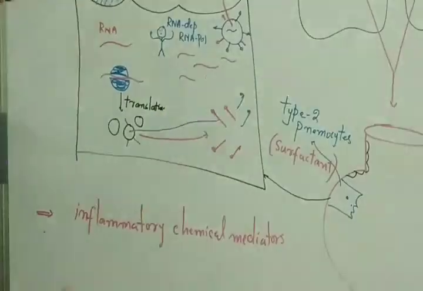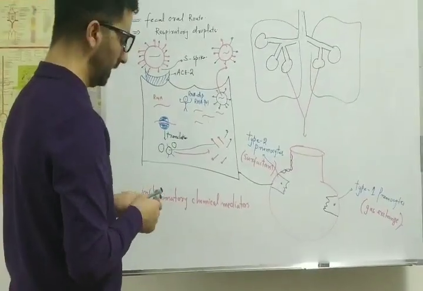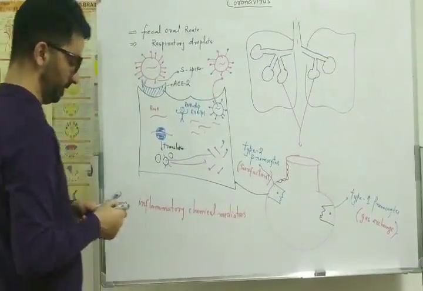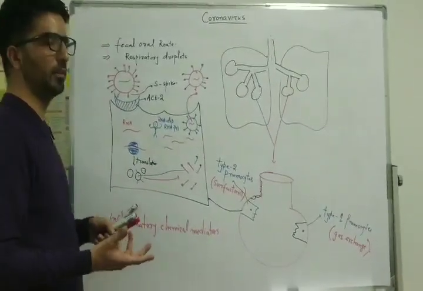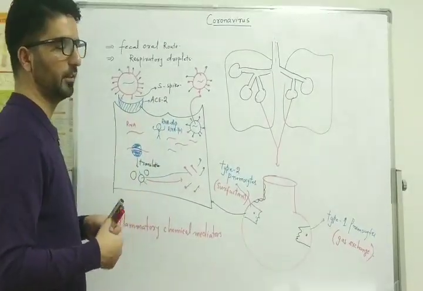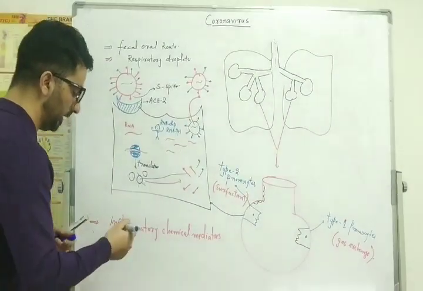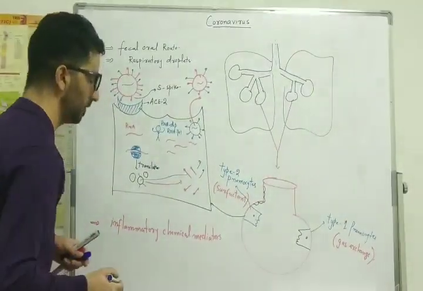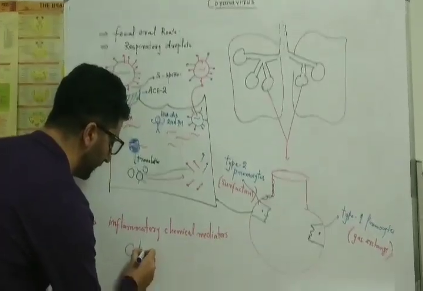What are the chemical mediators? They are also called cytokines, the inflammatory chemical mediators. They are chemical molecules that can spread in the bloodstream and call other types of cells here. It also releases the cytokines.